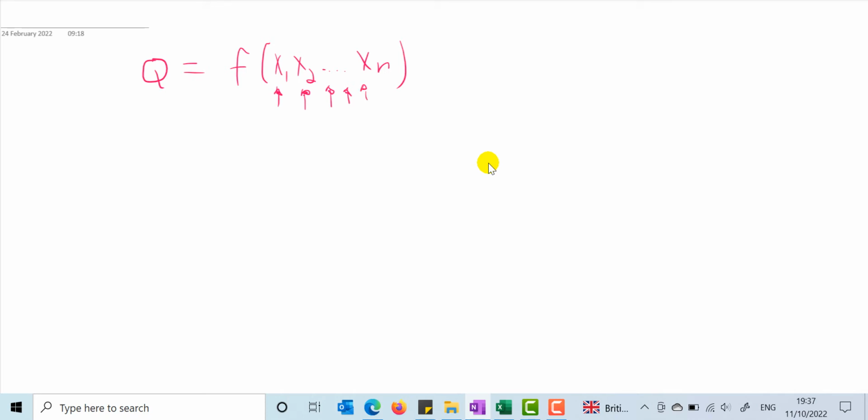So these x's, basically these unknown variables, are the factors. They could be n factors.